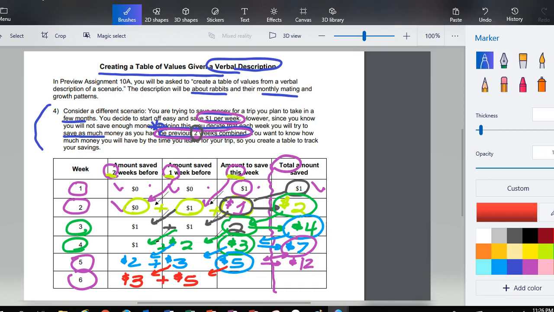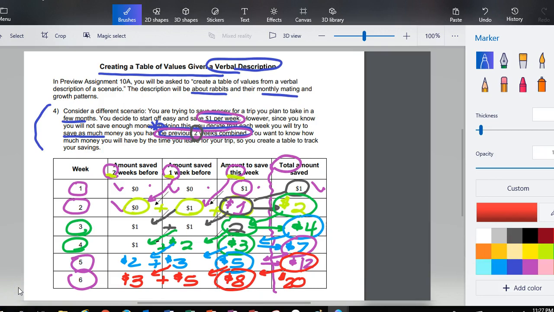And the verbal part said we're going to add those up and get this week's contribution. So that means what we had saved, what we're going to save this week, puts us at the end of 6 weeks at $20.